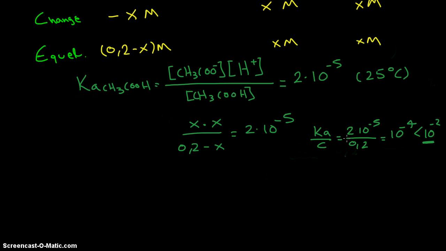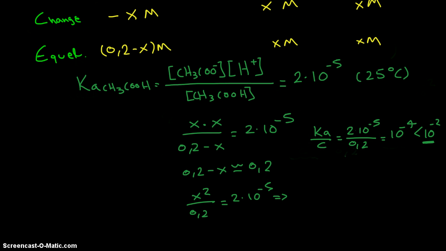Because this test fraction is smaller than 10 to the minus 2, we can say with high confidence that the X can be ignored in relation to 0.2. So 0.2 minus X can be seen as just 0.2. This is very, very small. So the above expression will be X squared over 0.2 equals 2 times 10 to the minus 5.